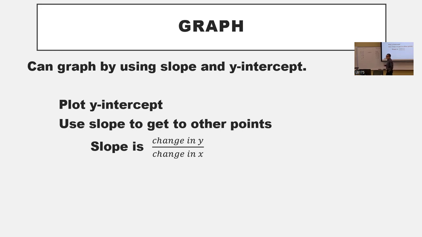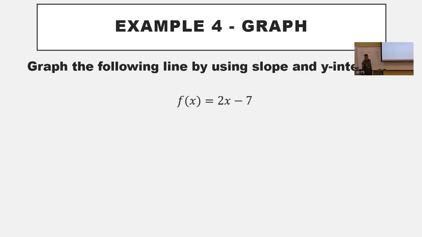So if I know the slope and the y-intercept of a line, I can just plot the y-intercept and then use the slope to find other points on that line. Slope, I'm always going to think of as a fraction, which is change in y over change in x. So how much does y change as x changes?